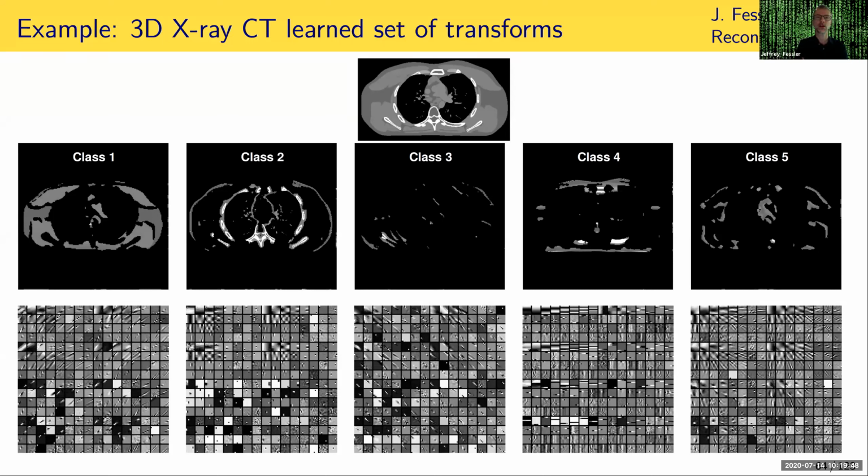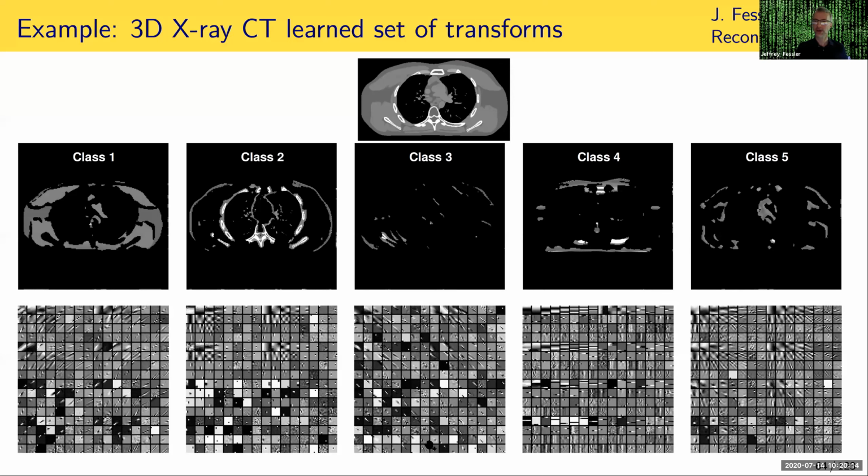It's not random. Different regions in the images are being better transformed by different sparsifying transforms. In fact, you see here, this particular class tends to have edges at this particular orientation, and you can see that sparsifying transform has a lot of learned transform components that would seem to do a good job of sparsifying things with edges at those angles.